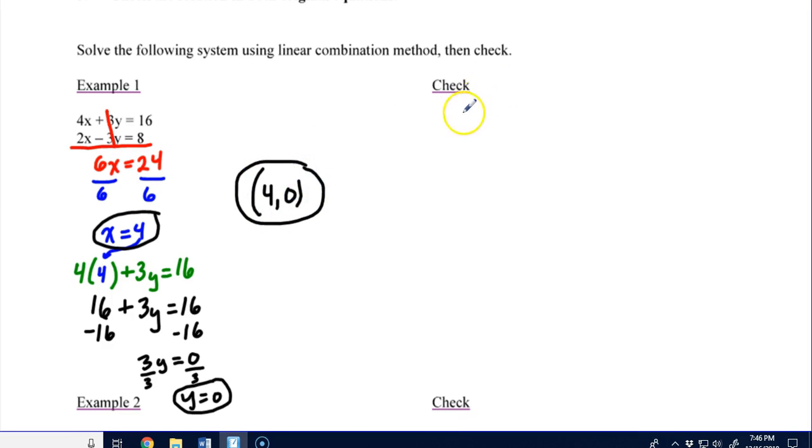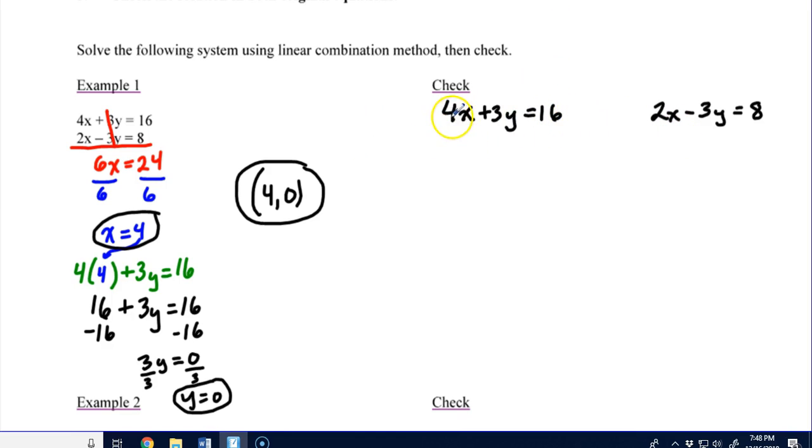And let's verify that we have this solution for both equations. So that's our first equation, and then our second equation. Okay, so what I'd like you to do is make substitutions of 4 for x, 0 for y, in both equations, and verify that it checks.